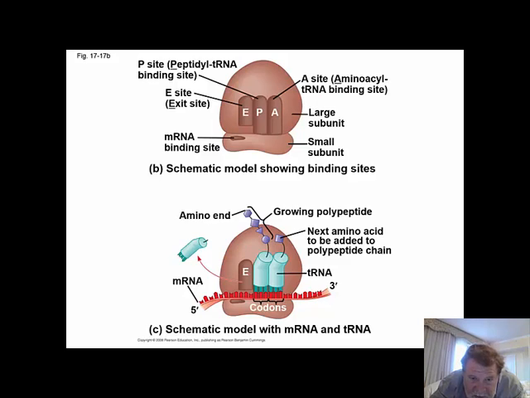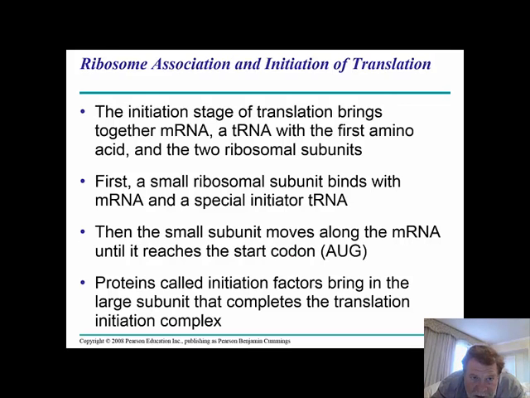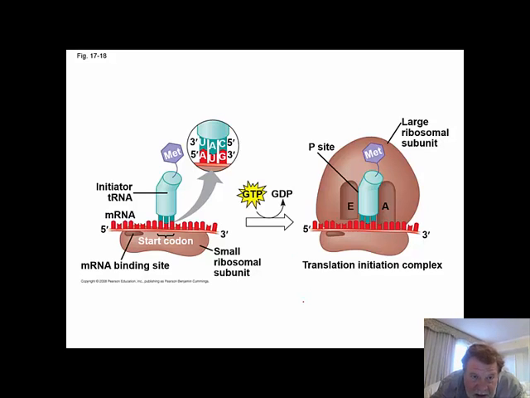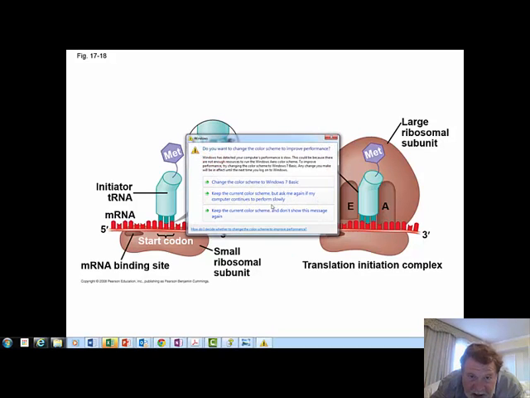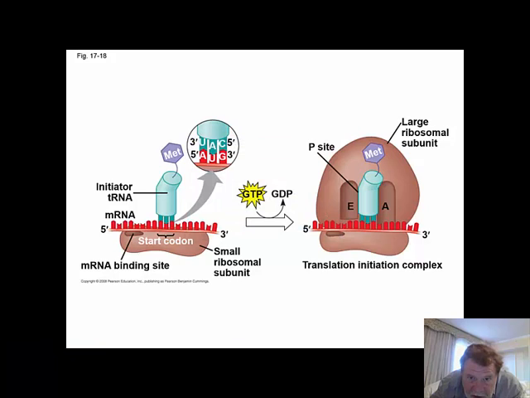And so what we see is when we see the amino acid in the E site, it should be empty, and it pulls off. The growing chain is in the P site, and next to that should be a charged amino acid, and we see that moves over, and there's this hydrolysis of GDP that is required for that.